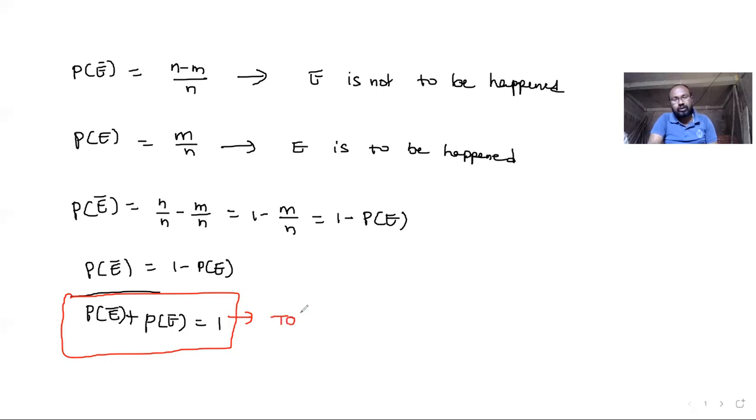So total probability must be equal to 1.